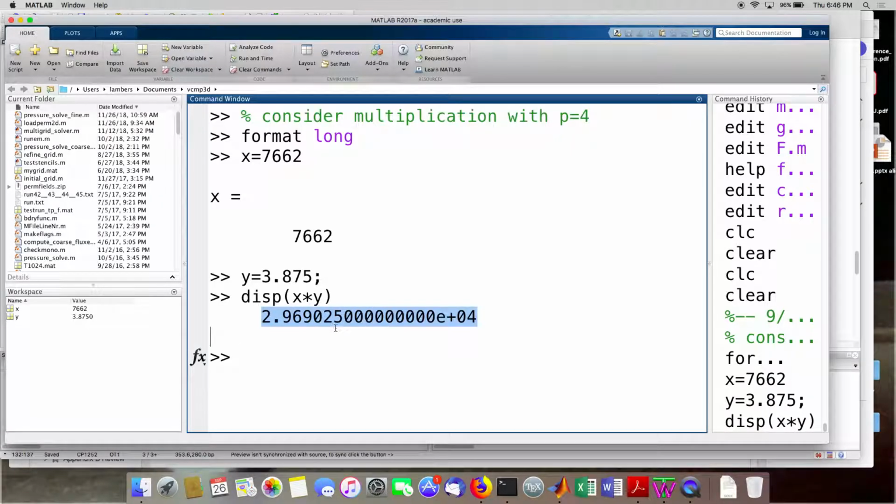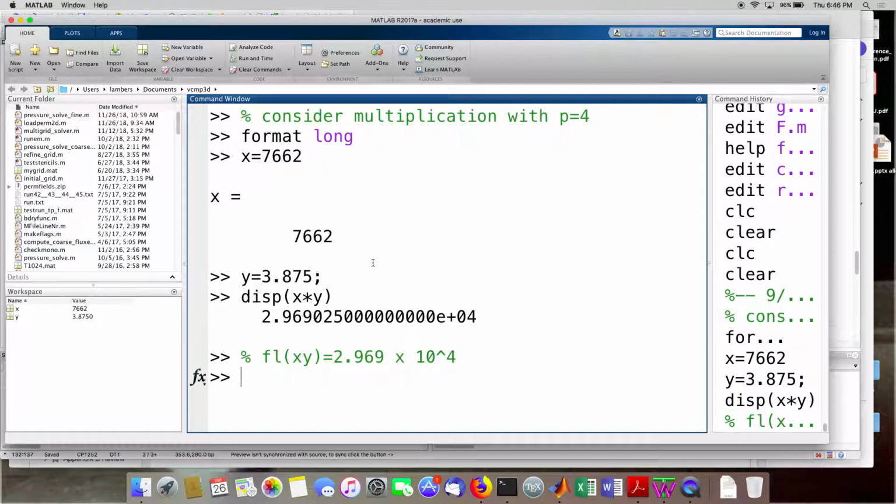These digits here, so 2.969025, that's the mantissa of the result. But we only have 4 digits. So really, float of x times y is going to be 2.969 times 10 to the 4th, because any other digits, again, are lost as a result of the operation.